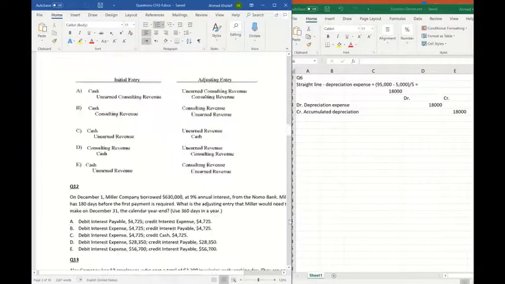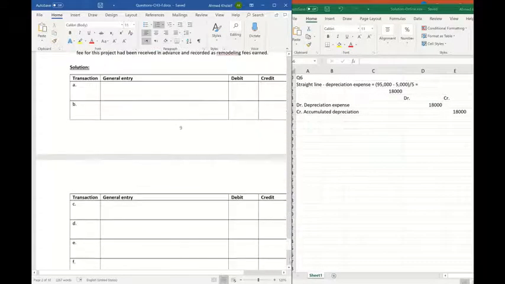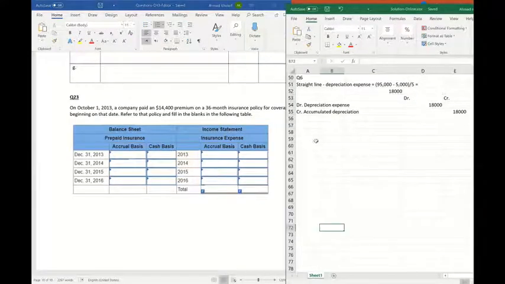We still have one more question for prepaid expenses, and this question is question 23. And this is mainly also about the cash basis and accrual basis.